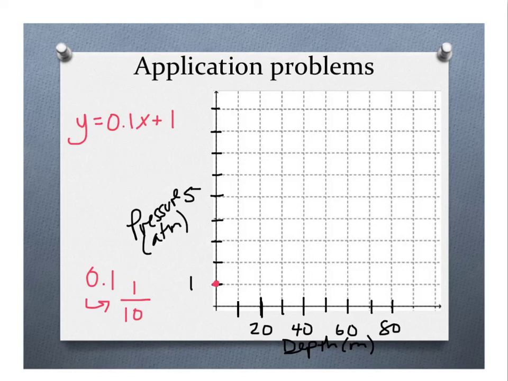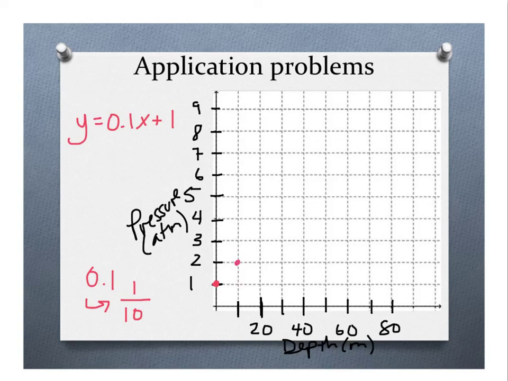Now be careful, because we counted differently on these axes. I know you're probably saying, well, you told me not to do that. With a consumer application, it's a little bit different. We're comparing two things that are not related on a one-to-one basis. A depth of 10 meters gives you a change of the pressure of 1 atmosphere. So when you count rise and run, a rise of 1 is going to go up 1 notch, 1 unit, and a run of 10 is only going to go over 1 unit on the x, because we counted by tens.